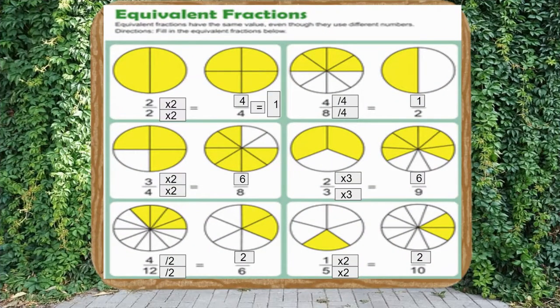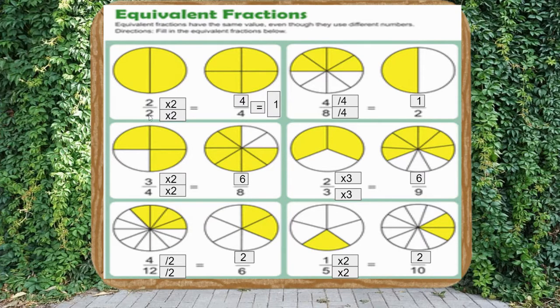Okay, now that you have had some time to practice, let's go over the answers. So here we have 2/2. In this circle, there are 2 parts, which is the denominator, and then 2 shaded parts, which is the numerator. So if we take this fraction, multiply the numerator by 2, we get a 4 in the numerator.